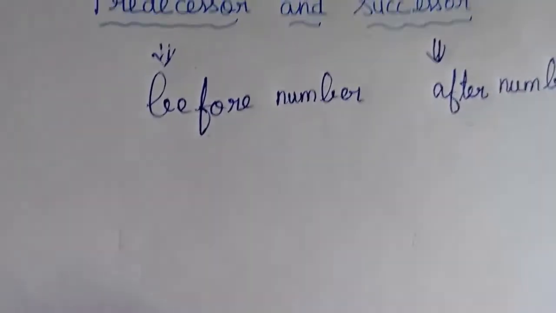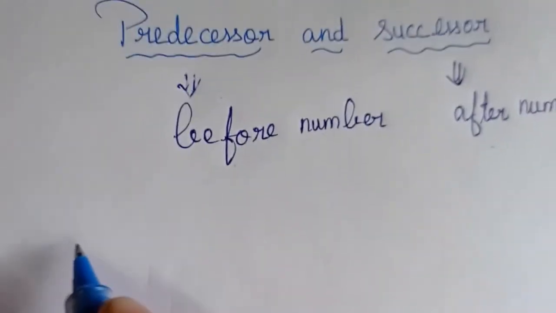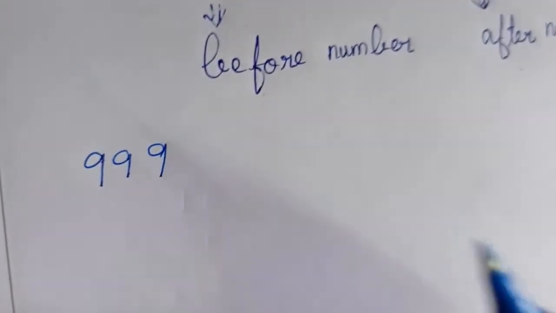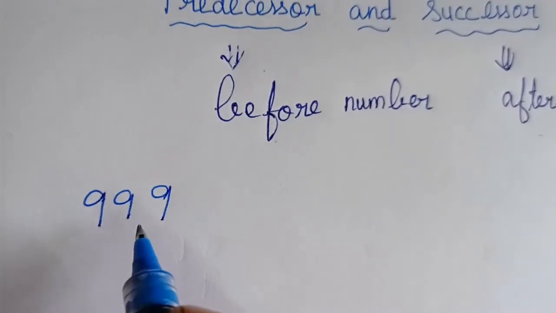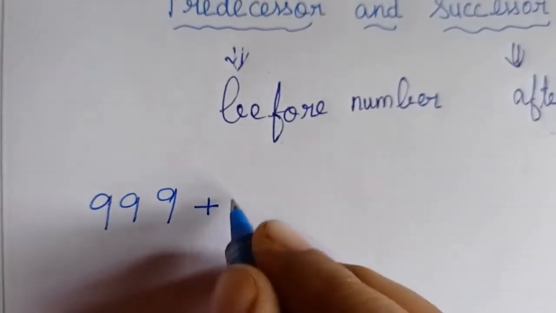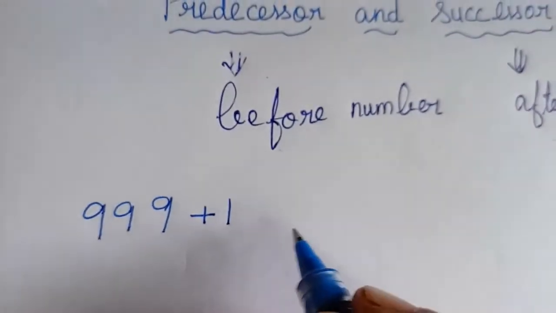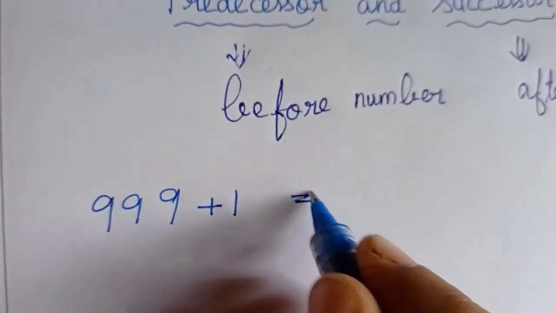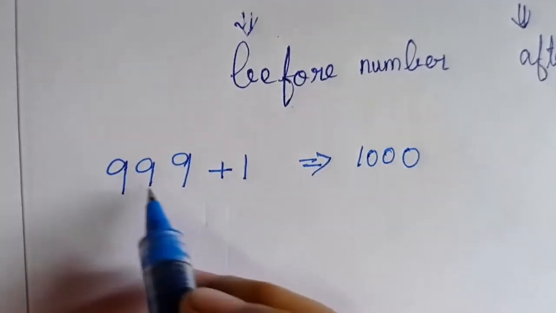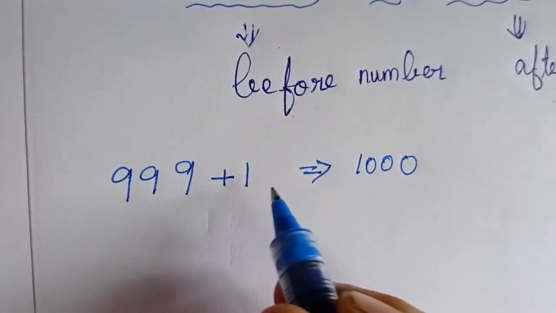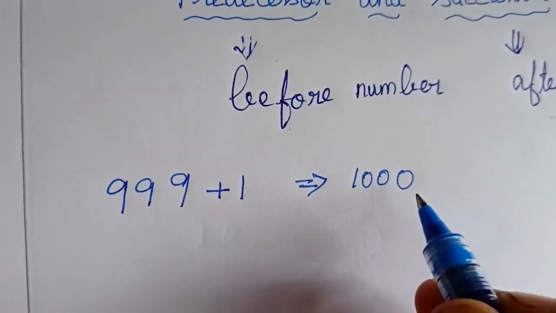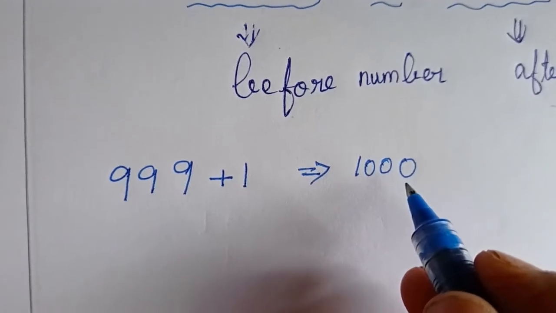Let us do some examples. Here the number is 999. This is the greatest 3-digit number. If you add 1 to this 999, you will get 1000, which is a 4-digit number.